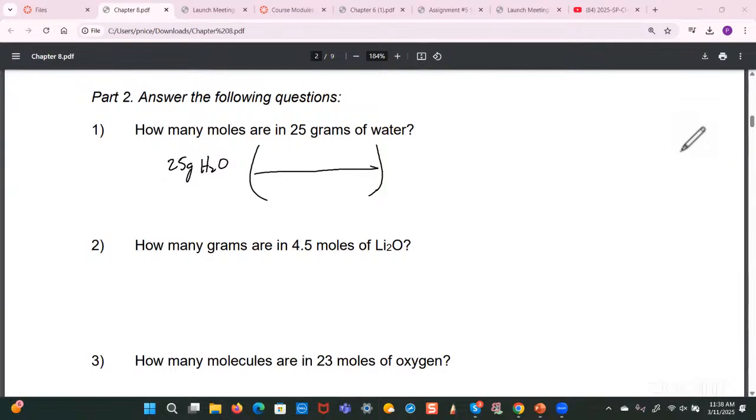Somebody should be able to tell me what will be here, what will be at the top here, and what will be down here. Come on, folks, you should be able to do this based on what we have just looked at in the PowerPoint.